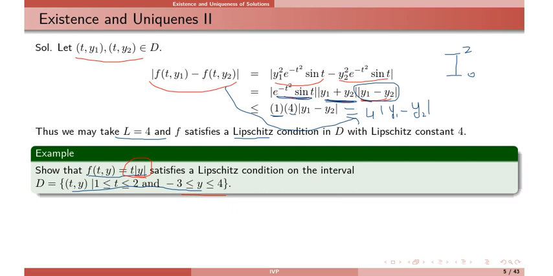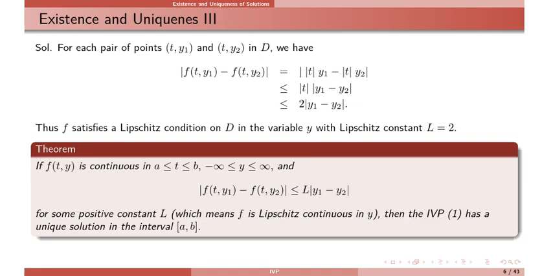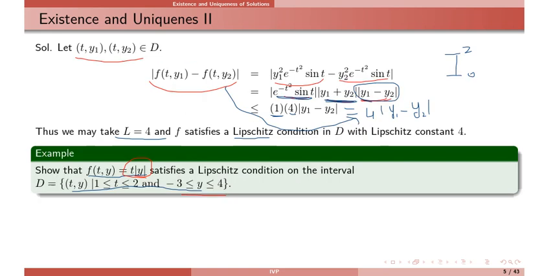So just take 2 points (t,y1) and (t,y2) in your domain. Domain means t from 1 to 2 and y from minus 3 to 4.